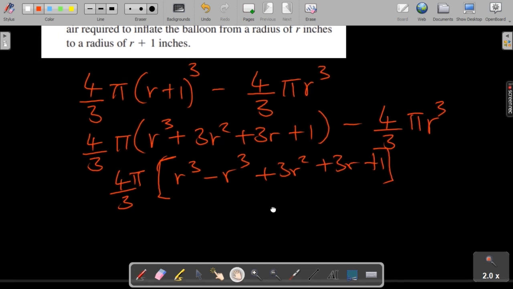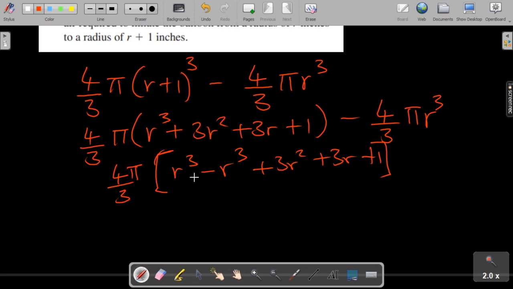So this is where we are right now, and r cubed minus r cubed is 0, and we just have 4/3 pi and this portion, so 3r squared plus 3r plus 1.